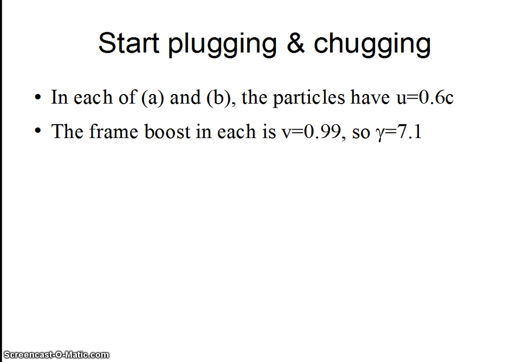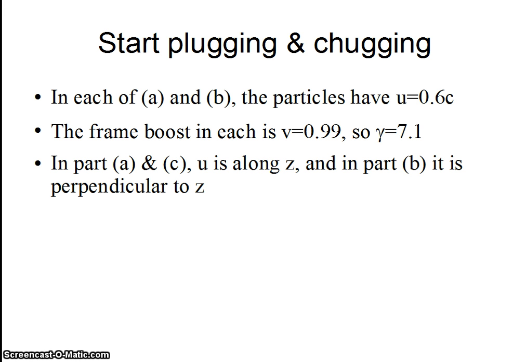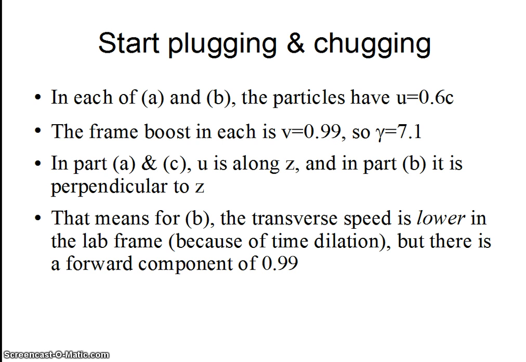So the Lorentz boost factor is 7.1. In A and C, u is along z, and in part B, it's perpendicular to z. For B, the transverse speed is actually lower in the lab frame because of the time dilation, but there's a forward component in the lab frame of 0.99.